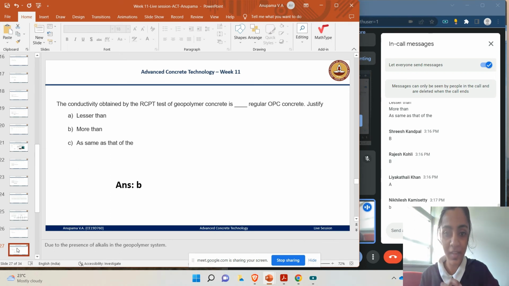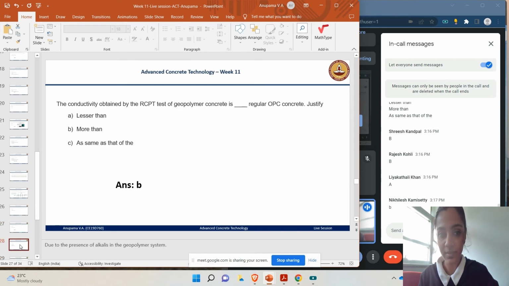Because of the presence of these alkali ions, the conductivity is found to be much higher than that of the regular OPC concrete. But that doesn't mean that geopolymer concrete performance is lower than that of the OPC concrete performance. So there is a contradiction over there. But generally, if you compare the conductivity, geopolymer concrete will show a higher conductivity.